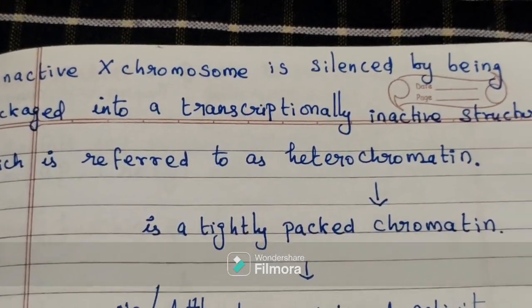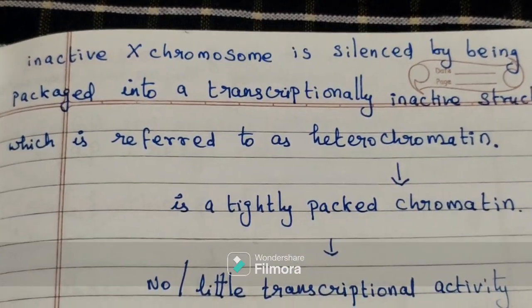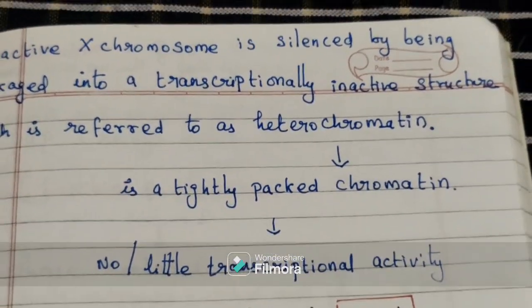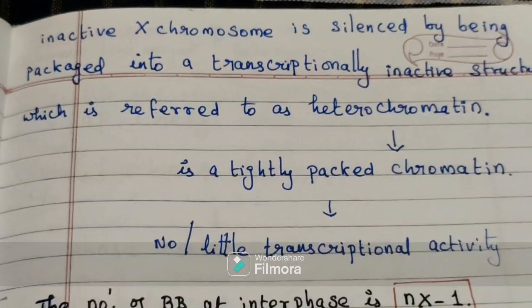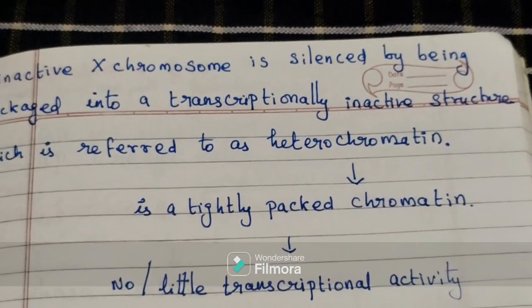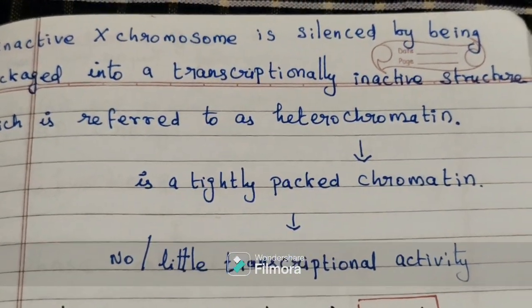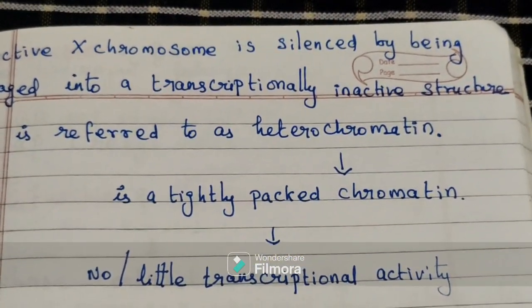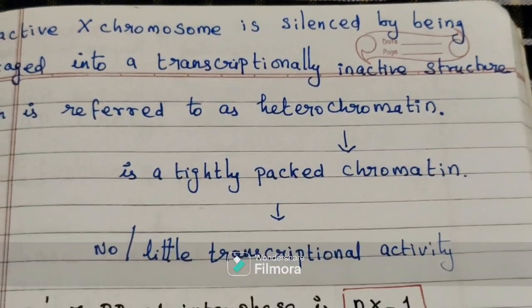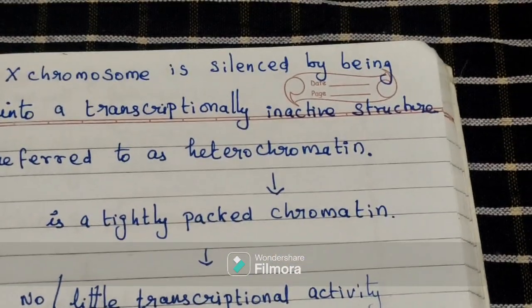Whereas the inactive X chromosome is silenced by being packaged into a transcriptionally inactive structure referred to as heterochromatin, which is tightly packed chromatin with no or little transcriptional activity.